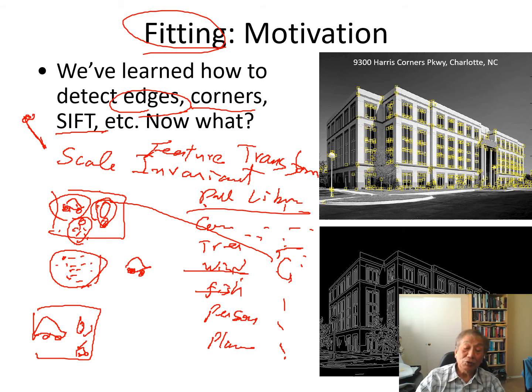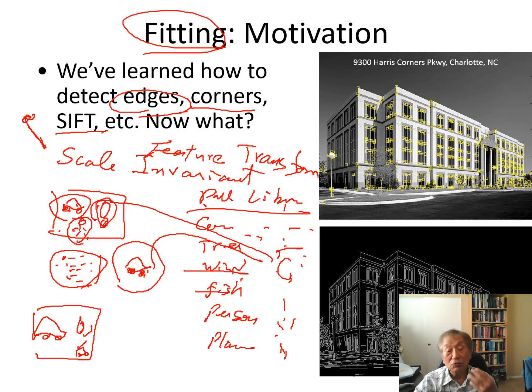So the shape may keep changing even if it is the same object. So what we need is to translate each of those library patterns, not into a fixed form of pixels, but into some kind of general characteristics.